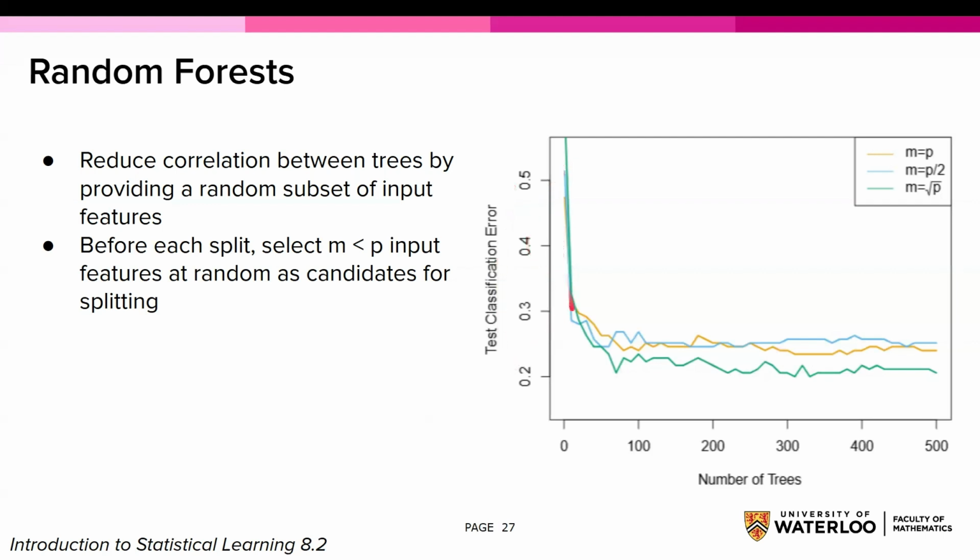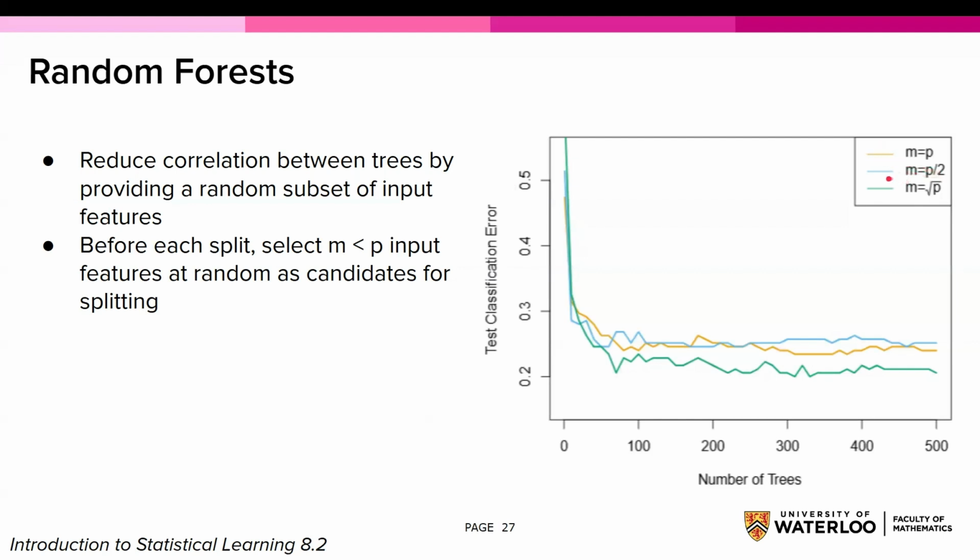These three lines correspond to different values of m. When m is equal to p, that means that at every node, we give the decision tree algorithm access to every feature, so it can select from every possible feature on which to split.